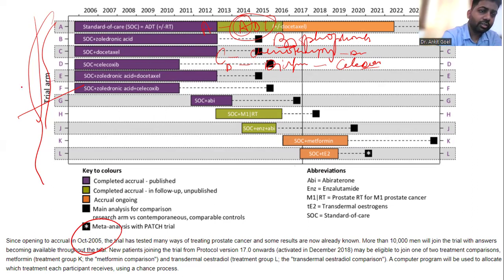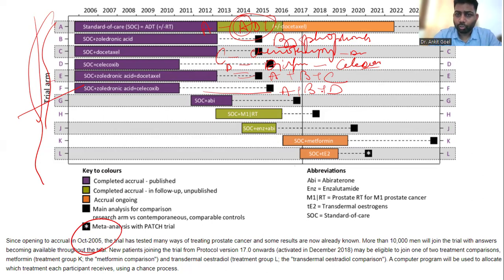Arm E equals A plus B plus C, and arm F contains A plus B plus D. If you remember it this way, this will help you understand how the trial started. Again, quickly to recall: A for ADT, B for bisphosphonate, C for chemo, that is docetaxel, D for the diclofenac group of drugs, that is celecoxib, E is ABC and F is ABD.